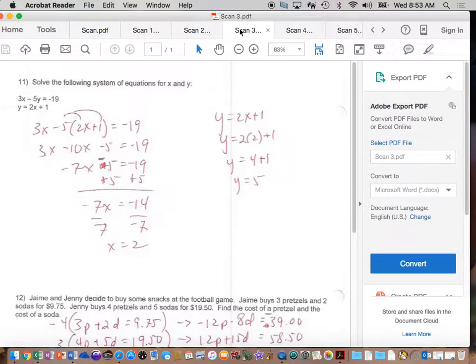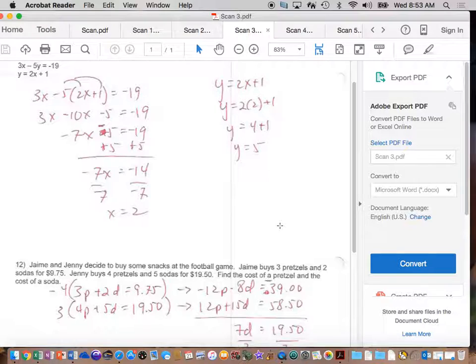All right, scan 3. Take a look. What's the pre-test number you have right in front of you?